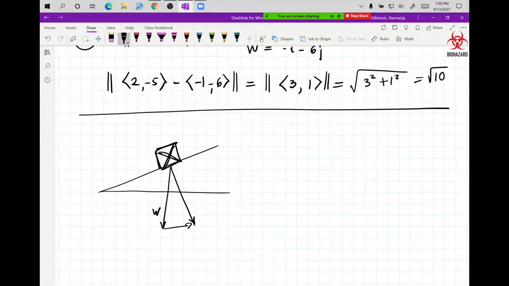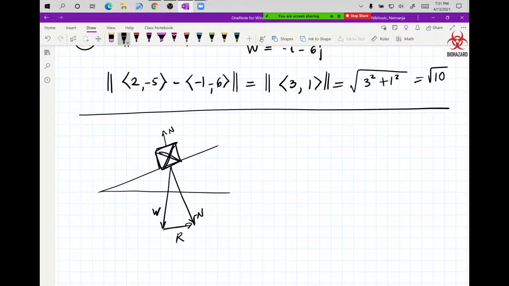This is the weight. This will be the normal force and the resultant in between. Well, the normal force goes like this. That's the opposite of normal force, so minus n. But the normal force is always perpendicular to the surface, and the normal force is the one that is responsible for the friction, for instance. It's part of the friction formula if you study physics.